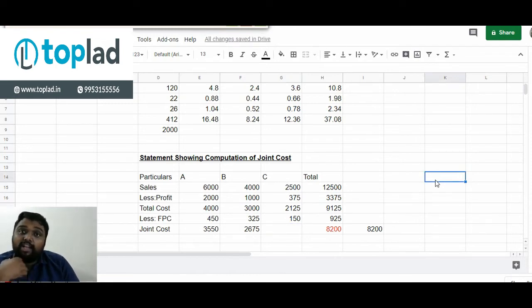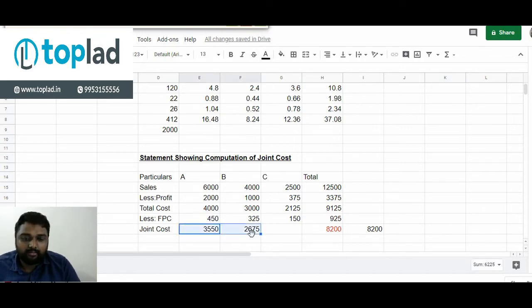We know total is 8,200. A and B also we know. How to get C? It's very simple. If total is 8,200, if you reduce the total of A and B, then the balancing figure will be C.